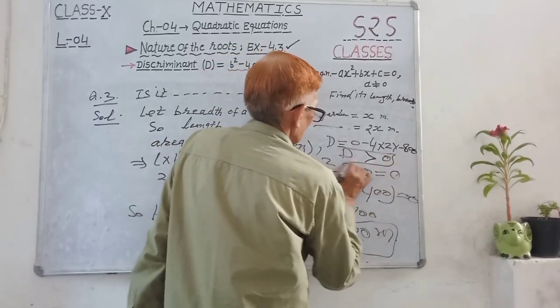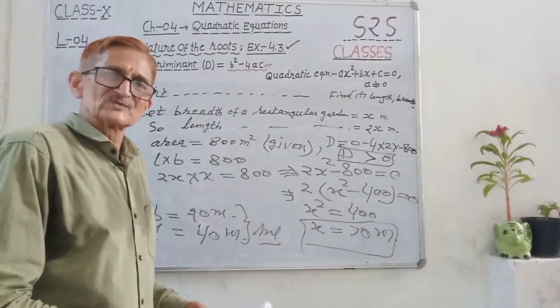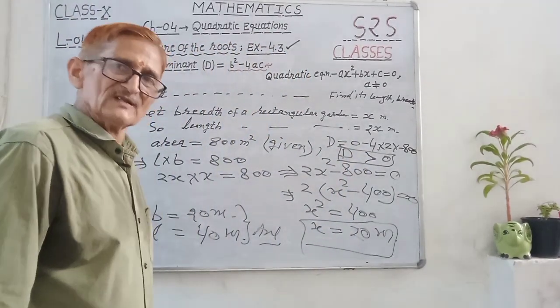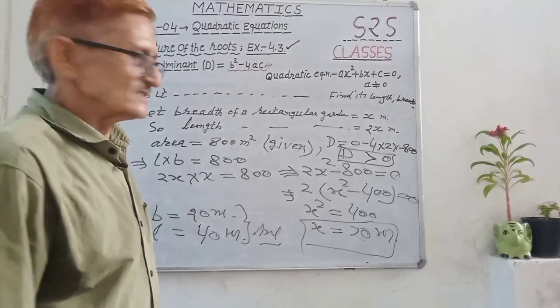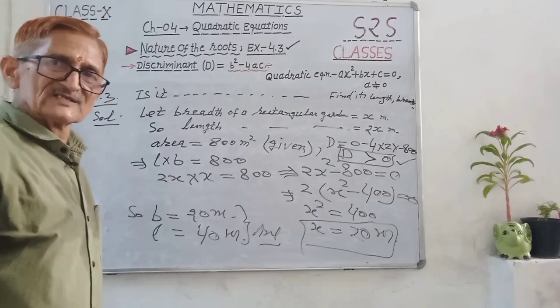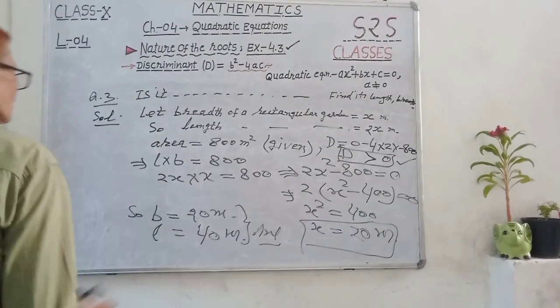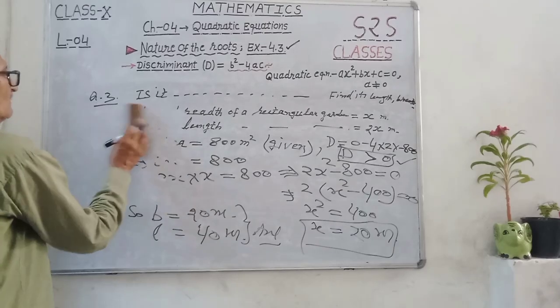So the design is possible, meaning the roots are possible, the value of x is possible, meaning the breadth is possible. Hence we can say by the calculation of the discriminant whether it exists or not. Done. Now question 3 is completed.